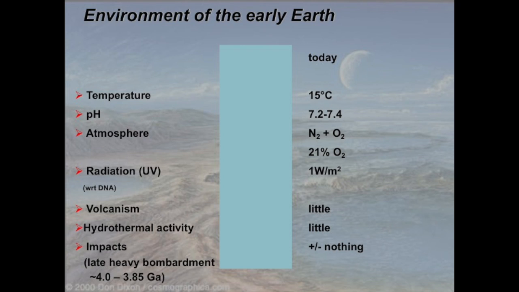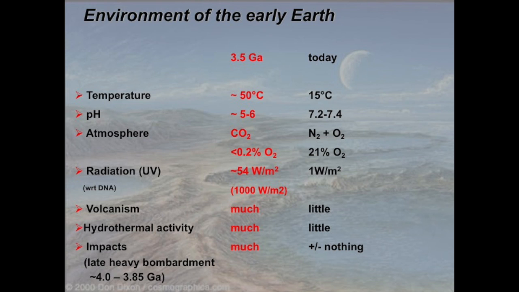Anyway, we can read from the rocks the average temperature, and there is some debate about it. I've put an average temperature of about 50 degrees. There are some estimates of 70, 80 degrees, other estimates of 30 degrees.